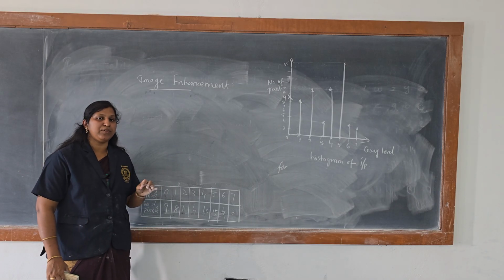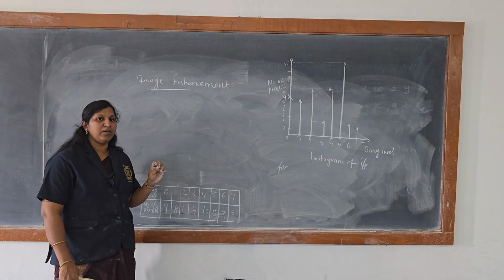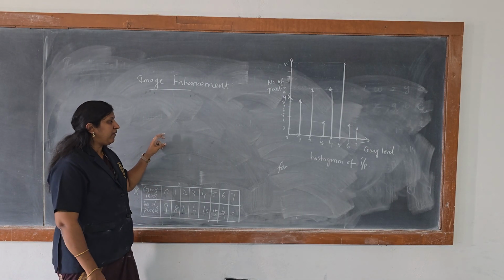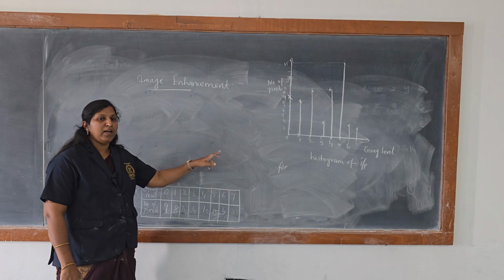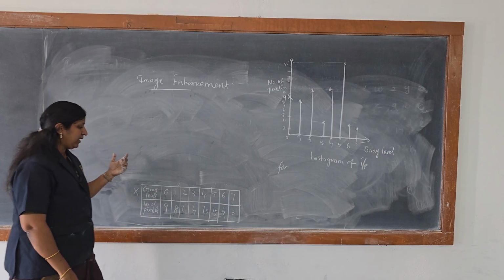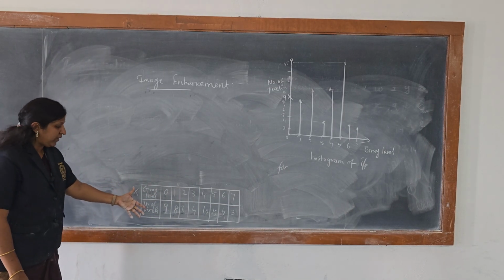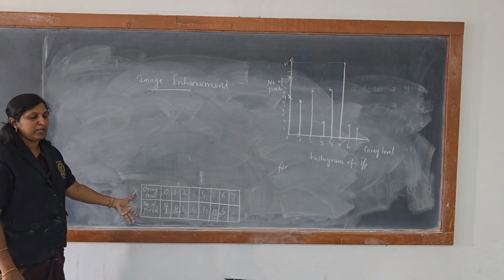Second, we have to calculate the cumulative distribution function. And finally, we multiply the value by the maximum intensity value, and then take the round of the value. So we can see it using a table, for the given input, to calculate the histogram equalization.